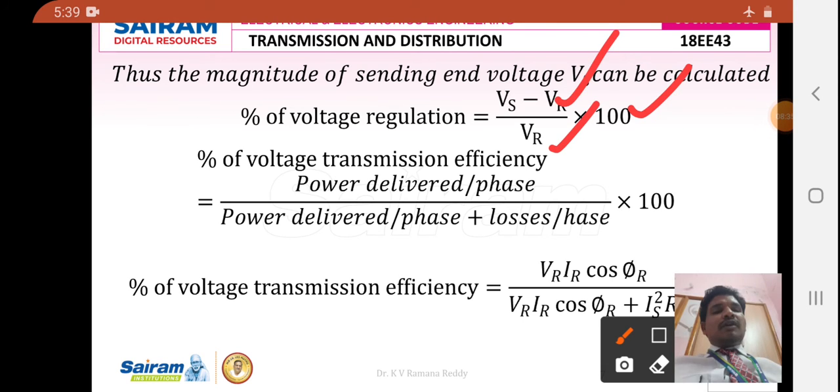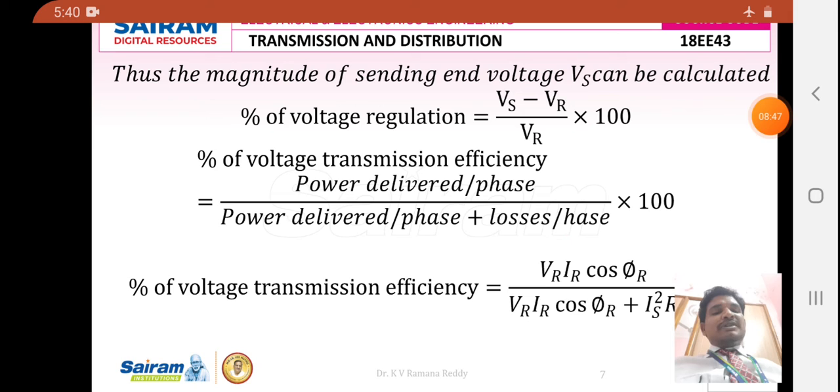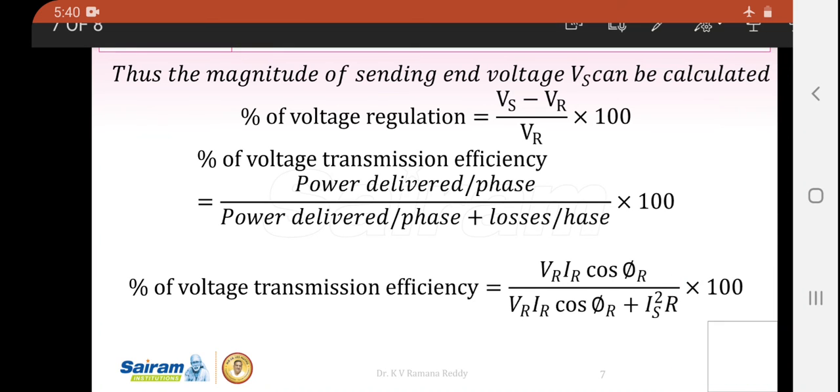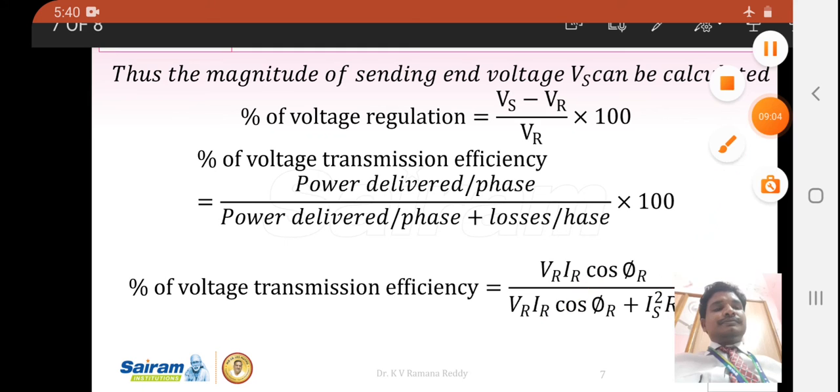The percentage of transmission efficiency is power delivered divided by power sent, where power sent is power delivered plus losses per phase. In terms of power, it is VR IR cos phi R divided by VR IR cos phi R, the receiving end power, plus losses IS square into R.